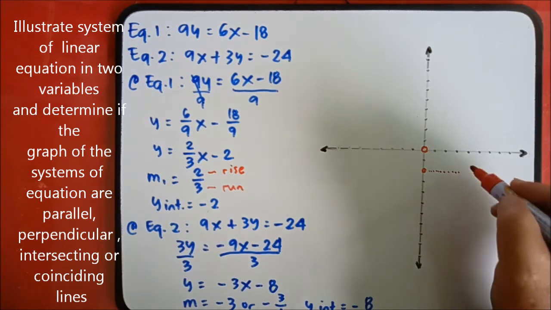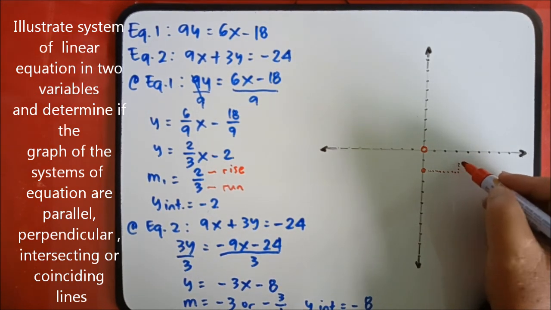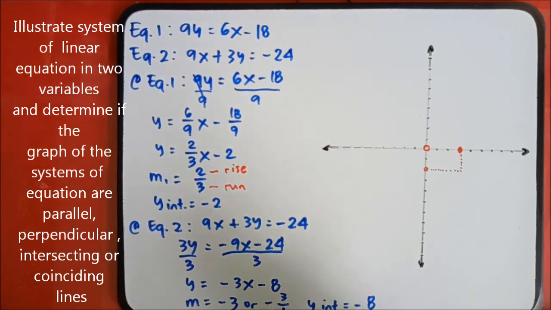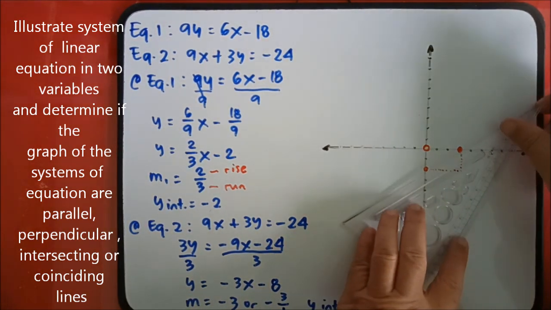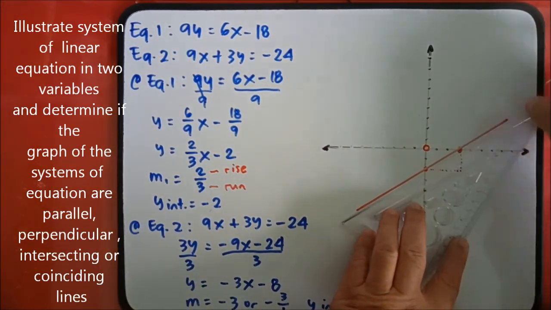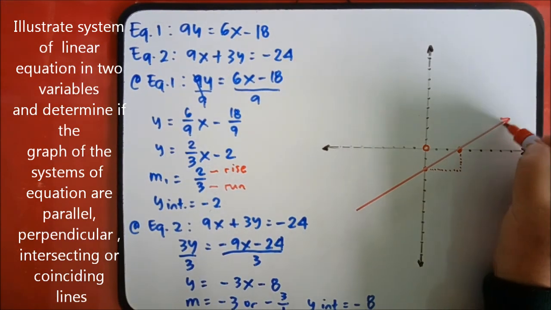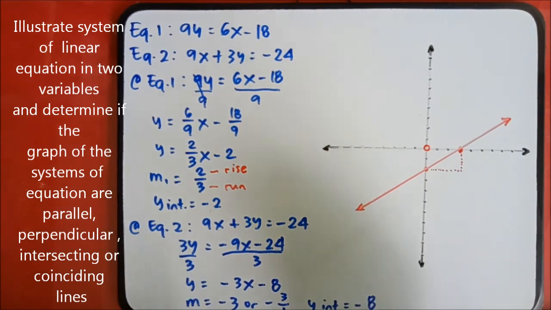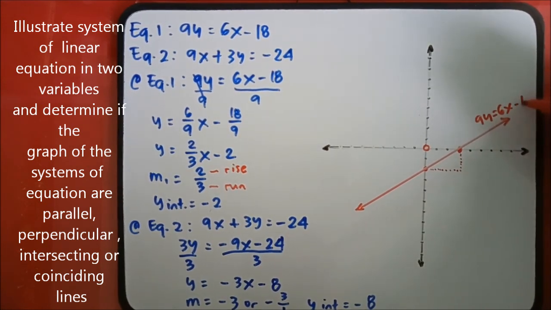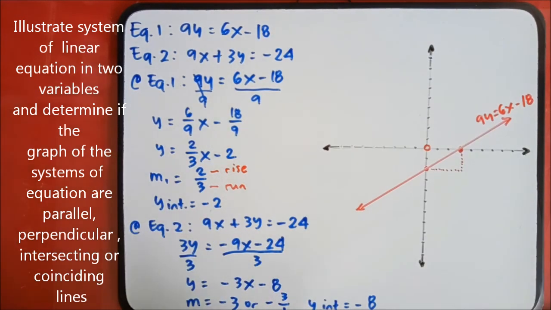Then the rise is 2: 1, 2. So it is here. Okay, now, we will connect this. So, this will be our first graph, 9y is equal to 6x minus 18.